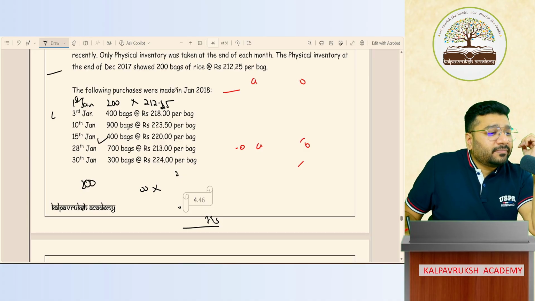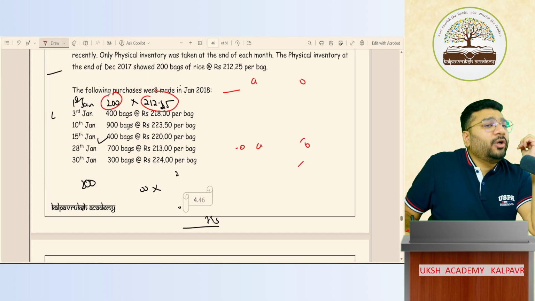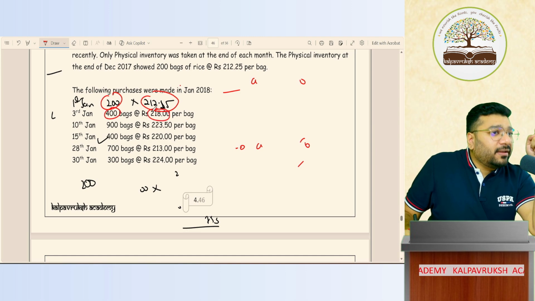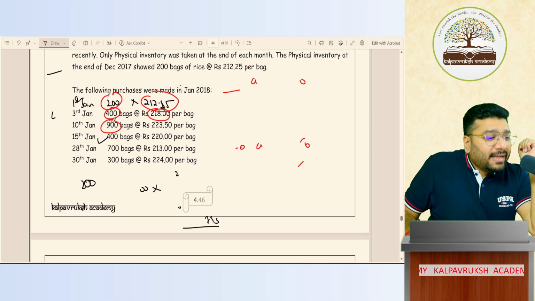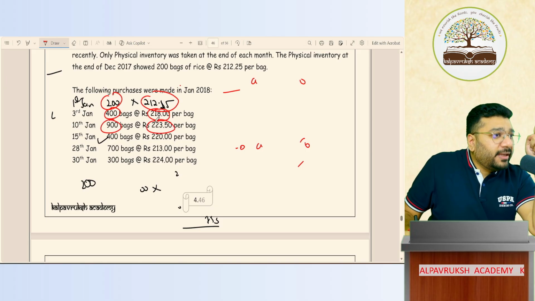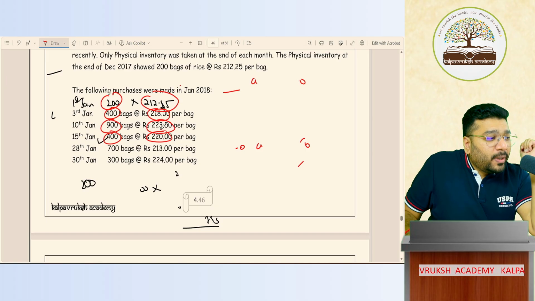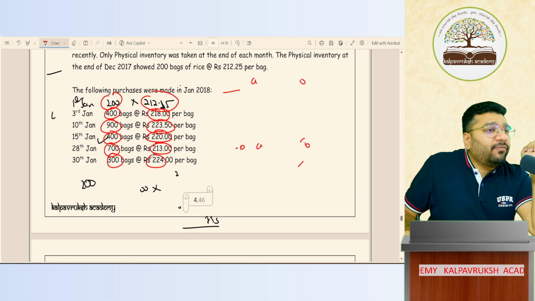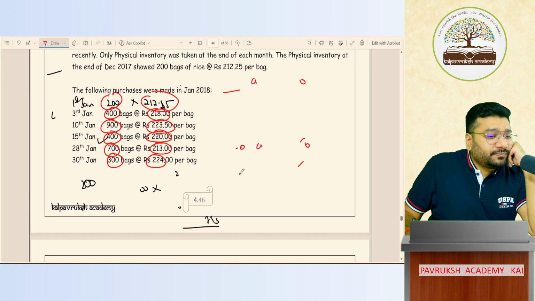In your calculator: 200 into 212.25 M plus 400 into 218 M plus 900 into 223.50 M plus 400 into 220 M plus 700 into 213 M plus 300 into 224 M plus.